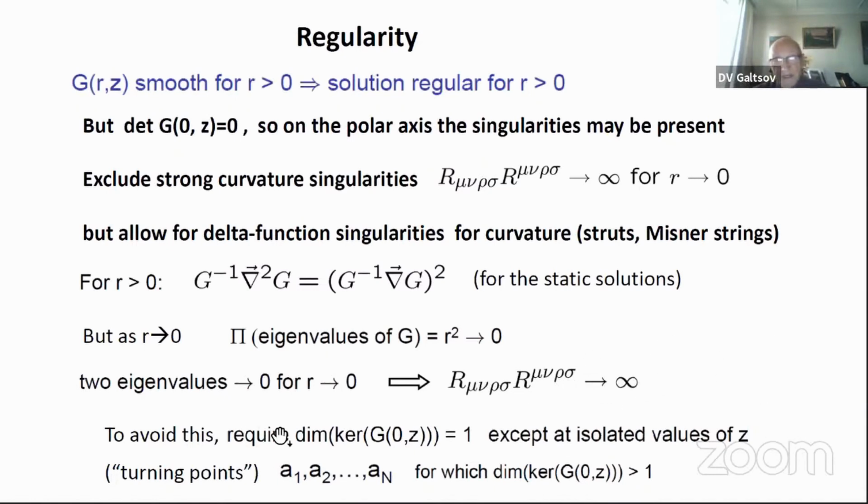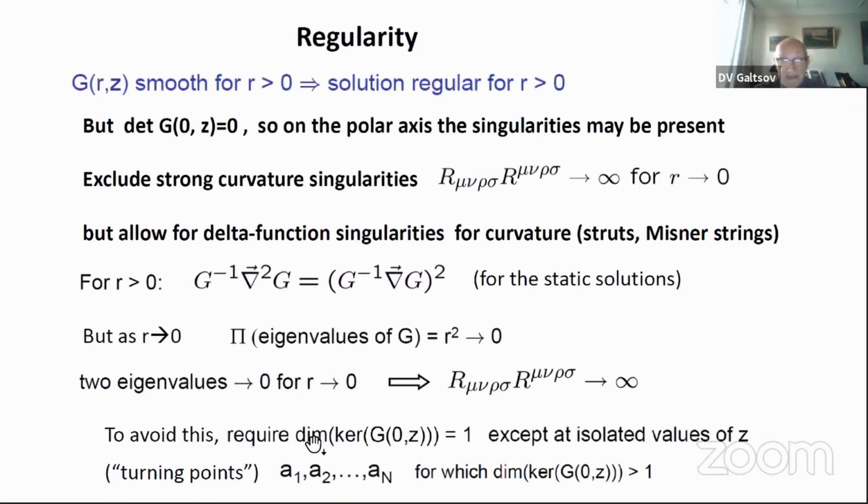To avoid that, we require that there is only one solution for the zero eigenvector of this matrix, or the dimension of the kernel of G is one. The first argument is R here. It is the axis, and Z is along the axis.